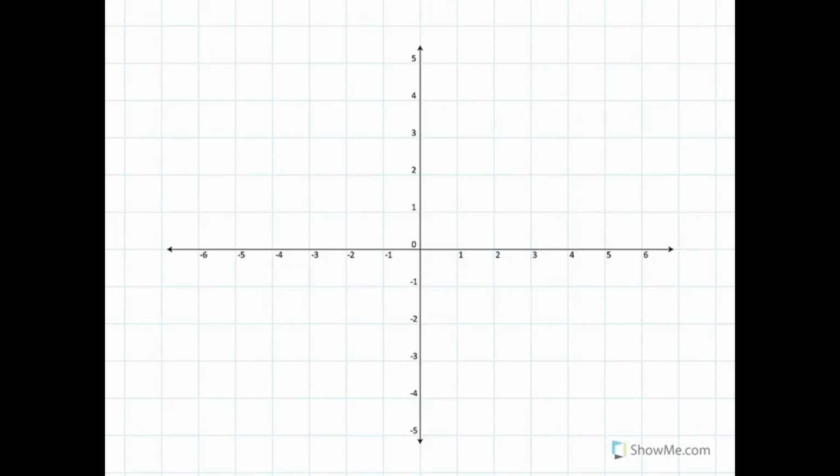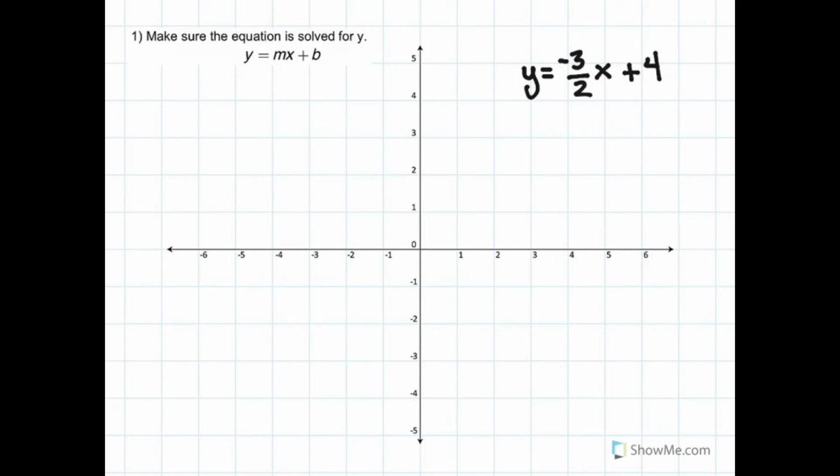Suppose I want to look at an equation that's solved for y. Y equals -3/2 times x plus 4, and use it to graph the equation. Now, in order to read the slope and the y-intercept from the equation, it has to be in this form, where it's solved for y, there's a multiplier times x, and a constant.